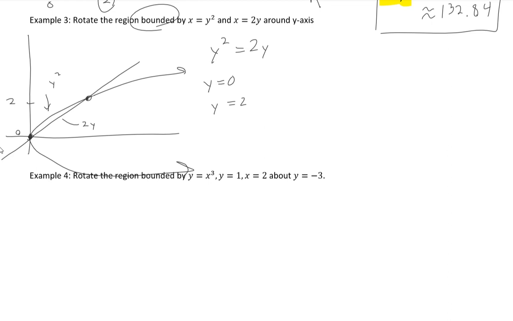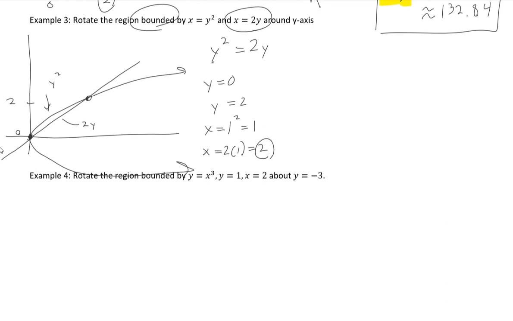If I plug in 1 into the first one, I get x equals 1 squared, which equals 1. And if I plug in 1 into the second one, I get x equals 2 times 1, which is 2. That implies that the second function is the one that's furthest away, because it has a higher x number. Okay, so you can check which one is furthest away.